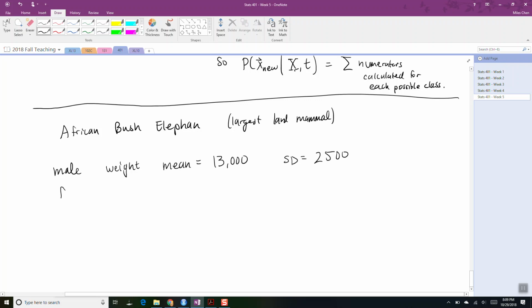Okay, and then female weight, I didn't realize there was such a drastic difference, but the female weight has an average of around 6,600 pounds with a standard deviation of 1,100 pounds, okay?